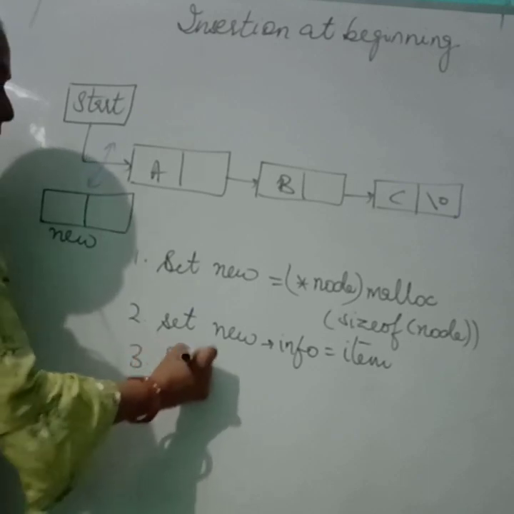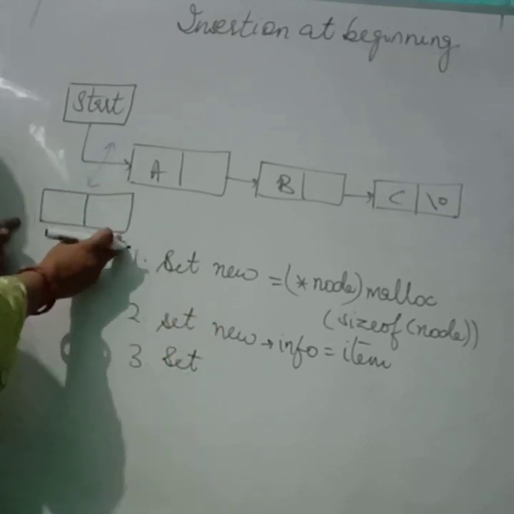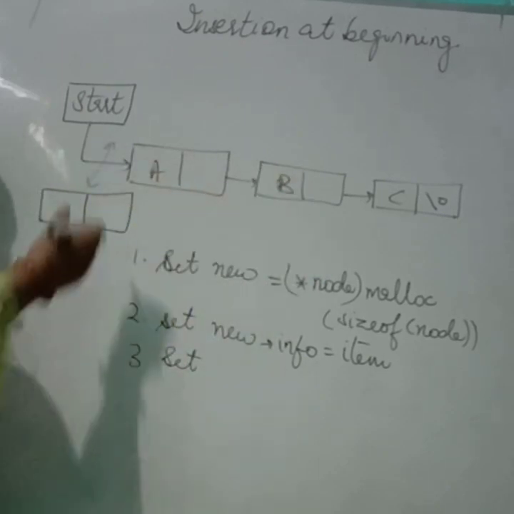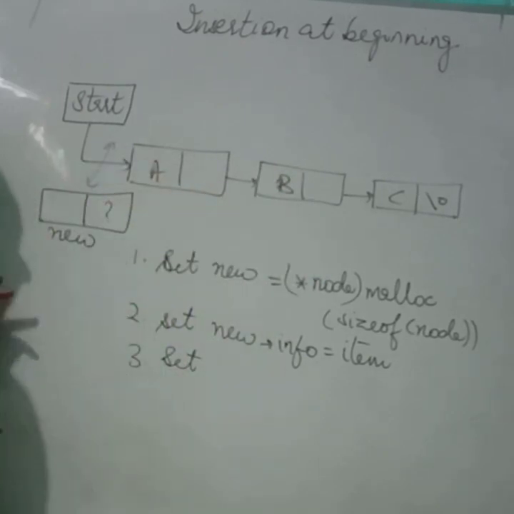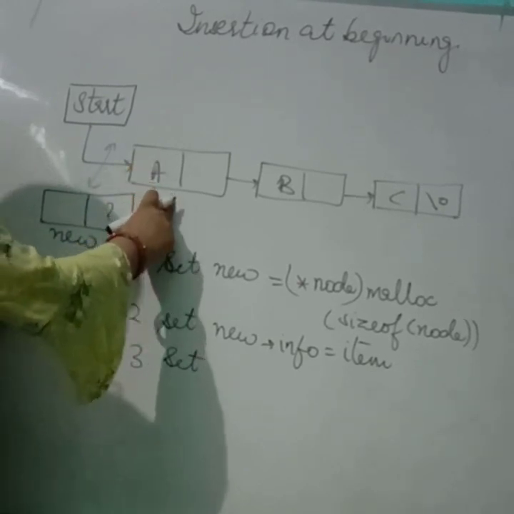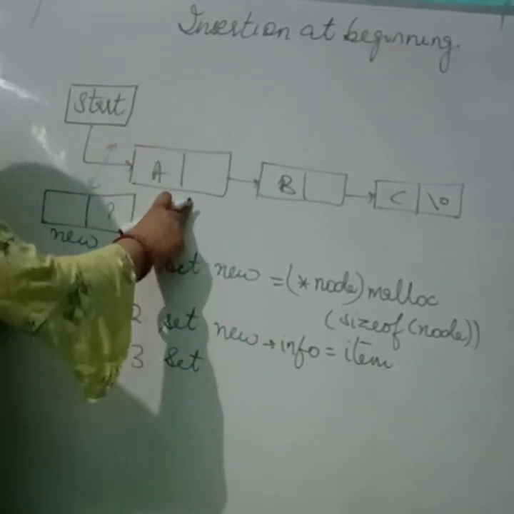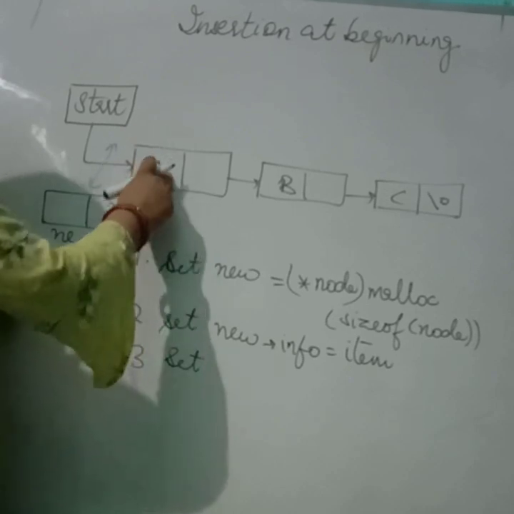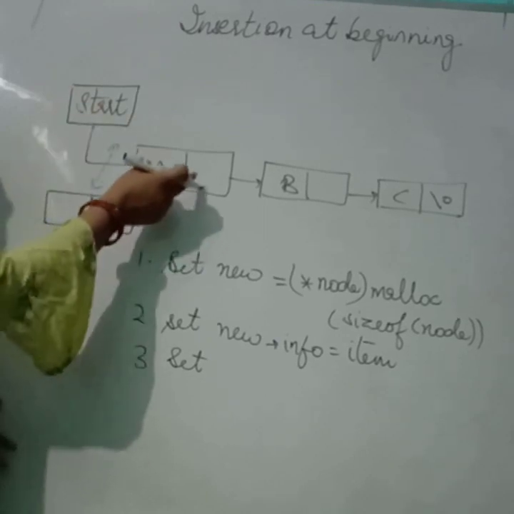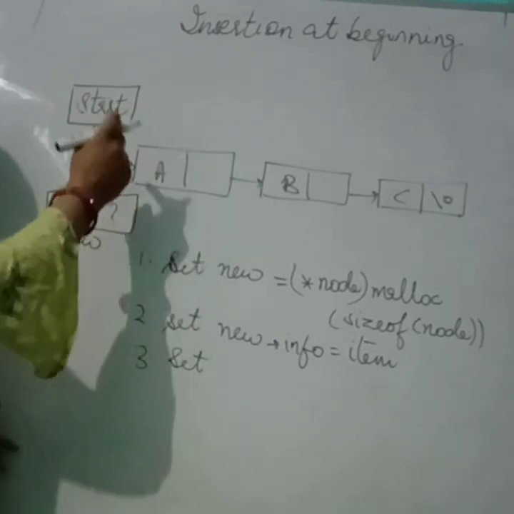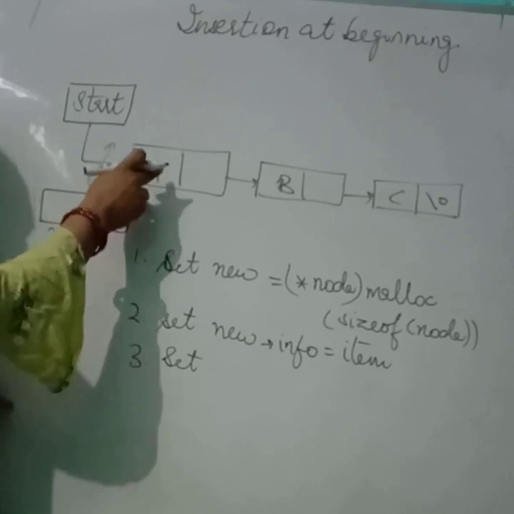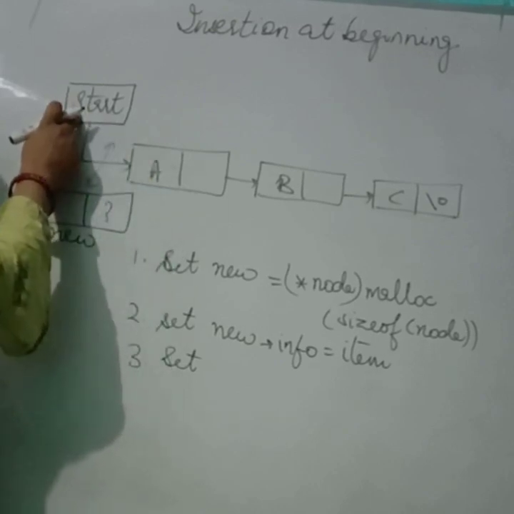Next task is to link this particular new node with the existing linked list. So, what will come here at this particular address? The address of the very first node of the existing list. Now, the very first node address, that is where A is stored, the address is held by start. So start is having the address of this first node. So what will come here? Here will come the address of the starting node, that is the first node, which is held by start.